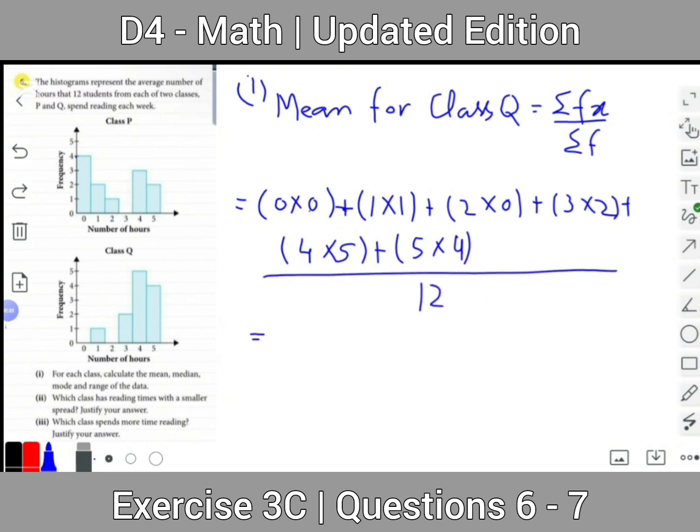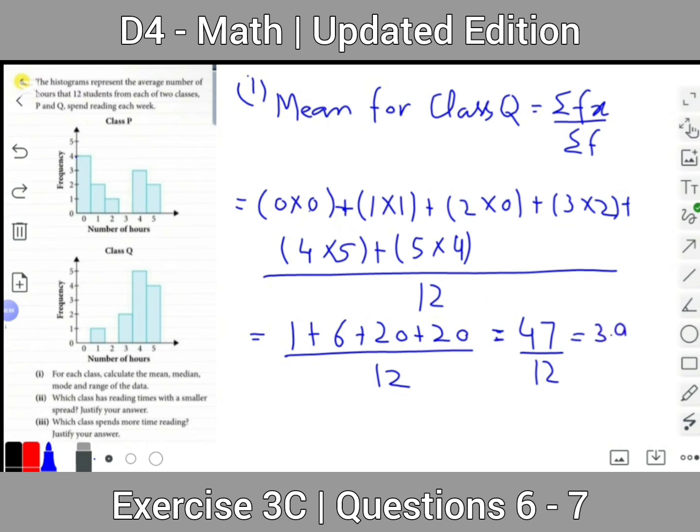That is equal to 1 plus 6 plus 20 plus 20 divided by 12. And here we have 47 divided by 12. After division, we will get 3.92 hours. So the mean for class Q is equal to 3.92 hours.